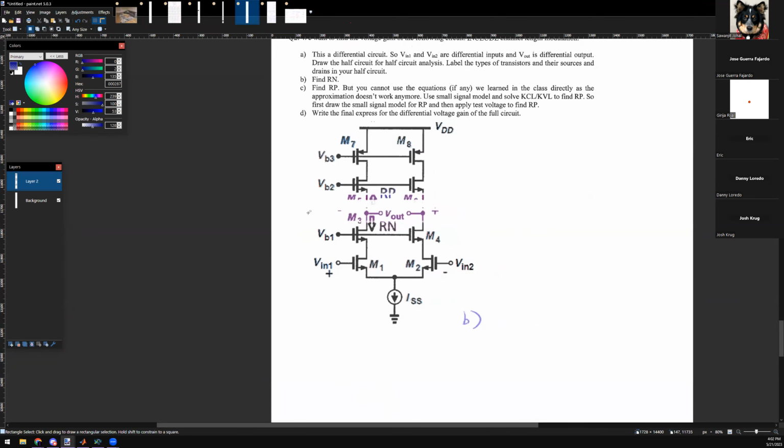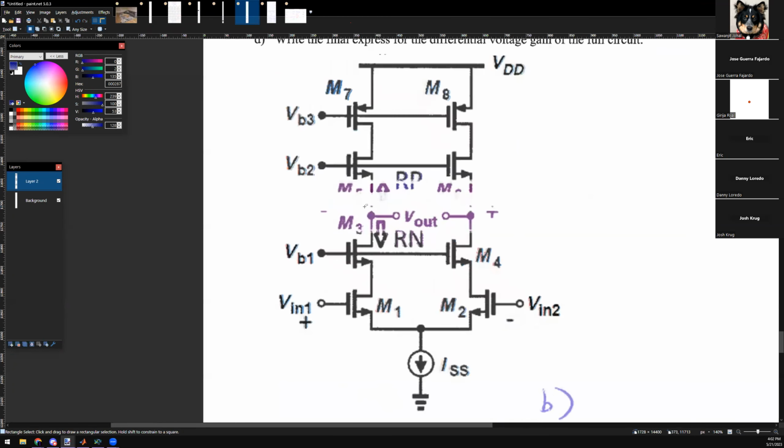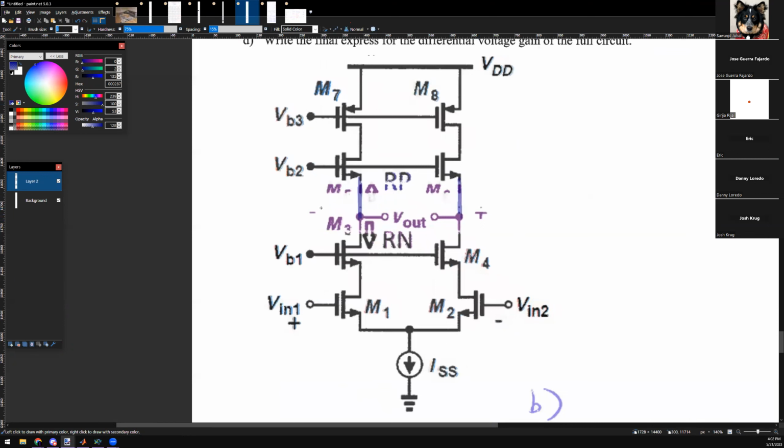Are these two things? Can someone help me understand? Is this connected? Yes, this is connected. I think that is connected. Looking at the question, this is a differential amplifier circuit. What did you send me? Half of it disappeared, like he snapped his fingers.